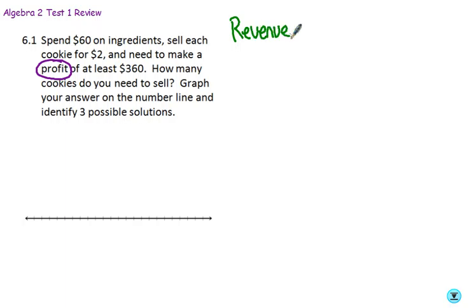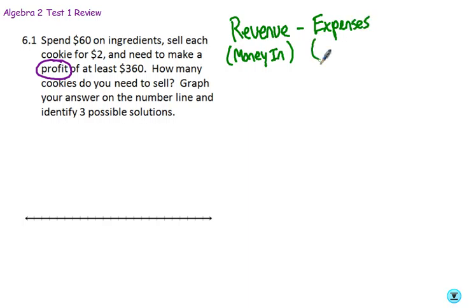So revenue, when you're talking about a business, revenue is the money coming in. We think of this as our money in. If you're selling stuff, or whatever it is that you do, minus your expenses.